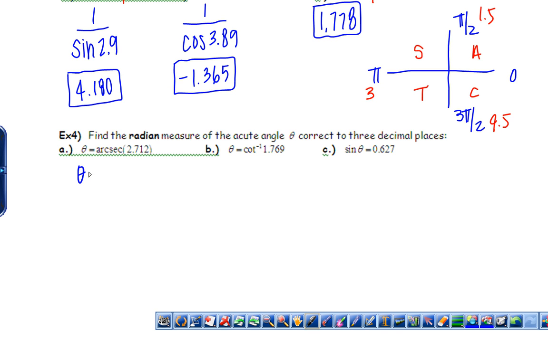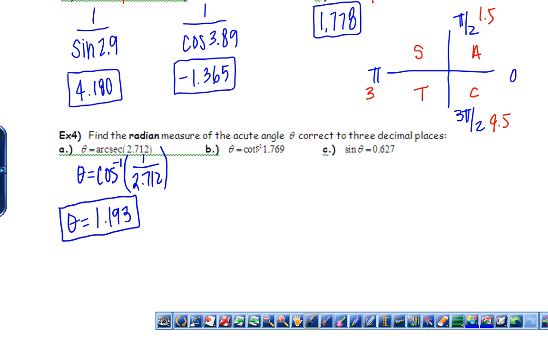If arc secant is 2.7, then what is arc cosine? Arc cosine is 1 over 2.7. Remember, arcs stand alone. So plugging this in, still in radian mode, you should get 1.193. Remember, this is in radians.